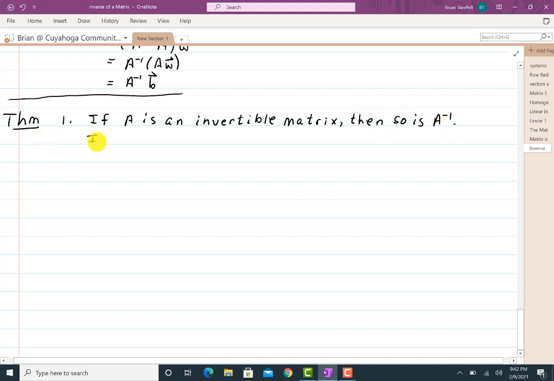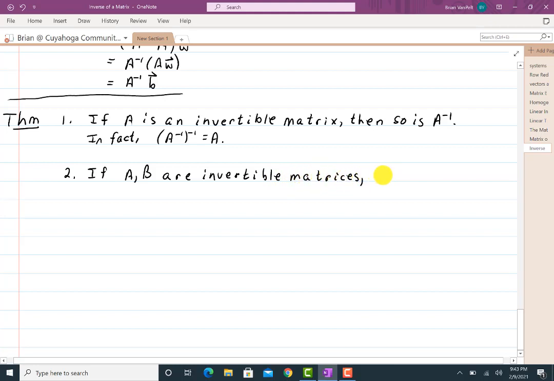In fact, the inverse of A inverse is A again. If A, B are invertible matrices, then A times B is also invertible.